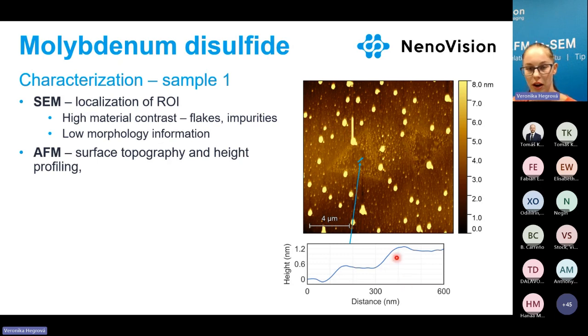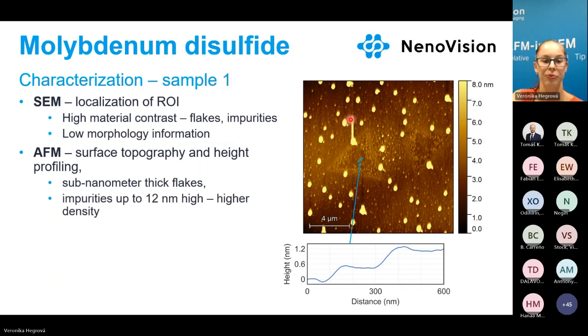And we could measure the height profile and see that there is probably a second layer growing. And we found out with topography that the flakes are sub-nanometer, which is of course correct as it's a monolayer. But it's not that much visible in this topography image because impurities were 80 nanometers, something like that. Oh, 12 nanometers.